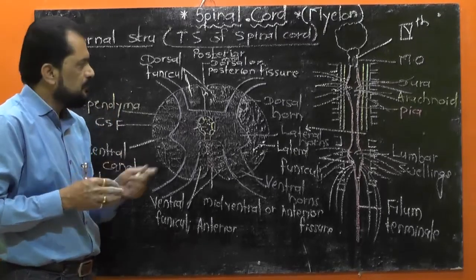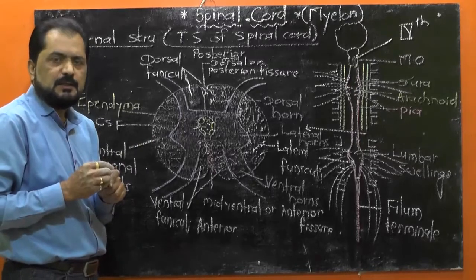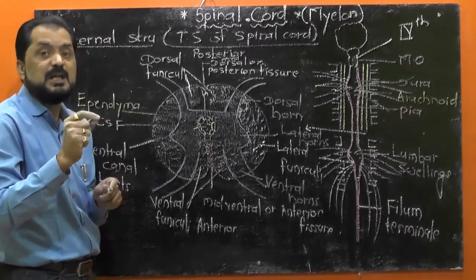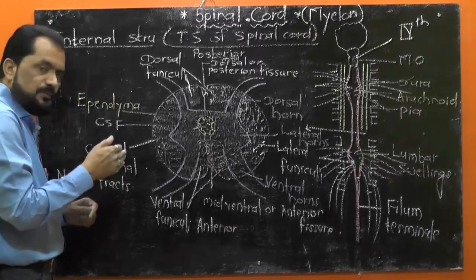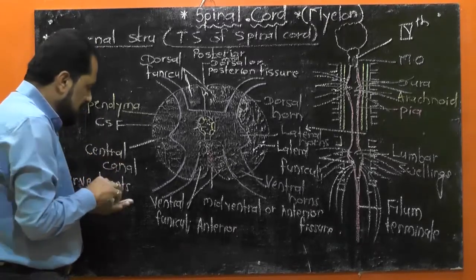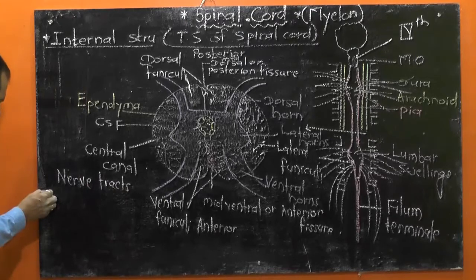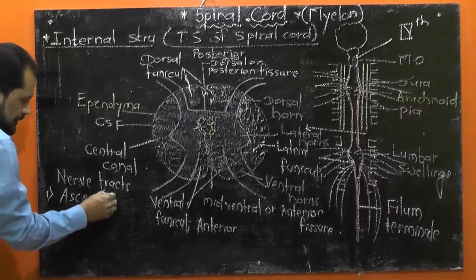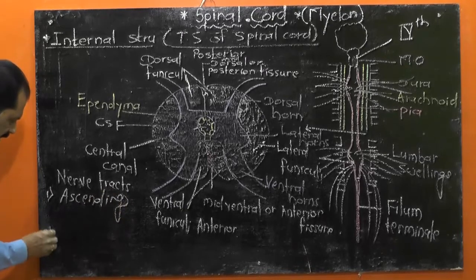Actually these funiculi contain the bundle of myelinated or medullated nerves known as nerve tracts. These nerve tracts are of 2 types, such as the ascending nerve tracts and descending nerve tracts.